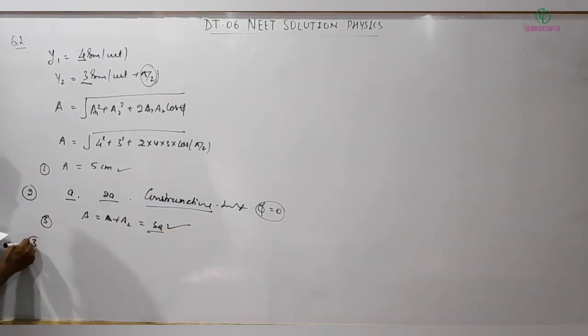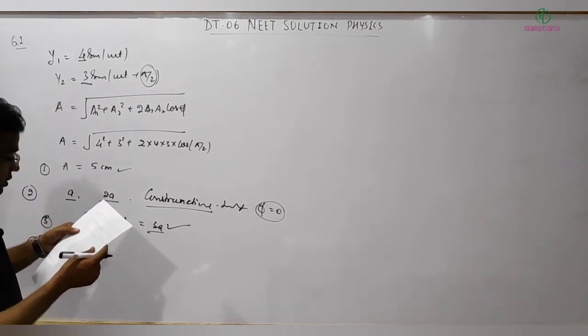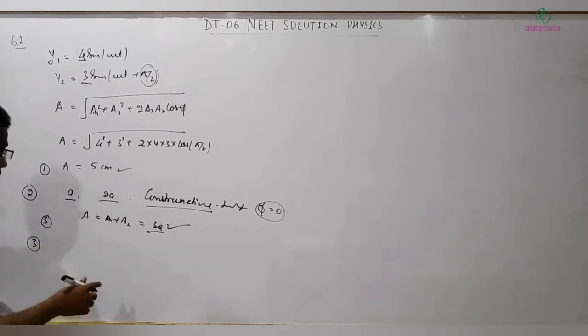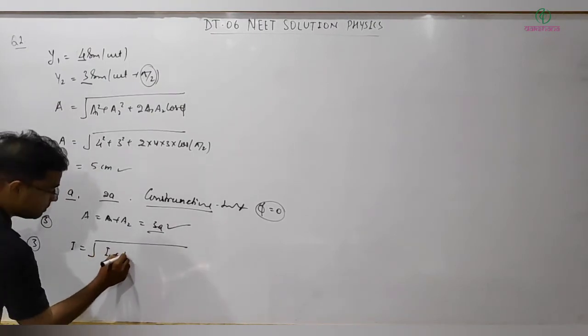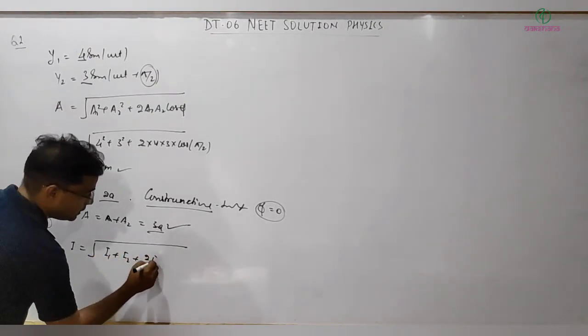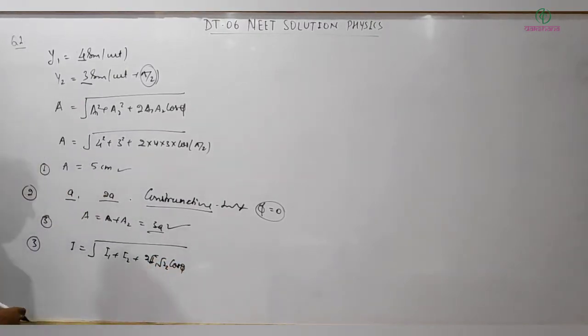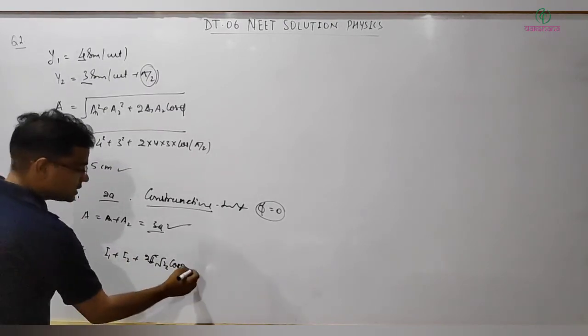Question number 3. The intensity of each interfering wave in an interference pattern is I0. The resultant intensity at the point of observation... This is a simple, straightforward formula-based question. We know I = I1 + I2 + 2√(I1 I2) cos φ.